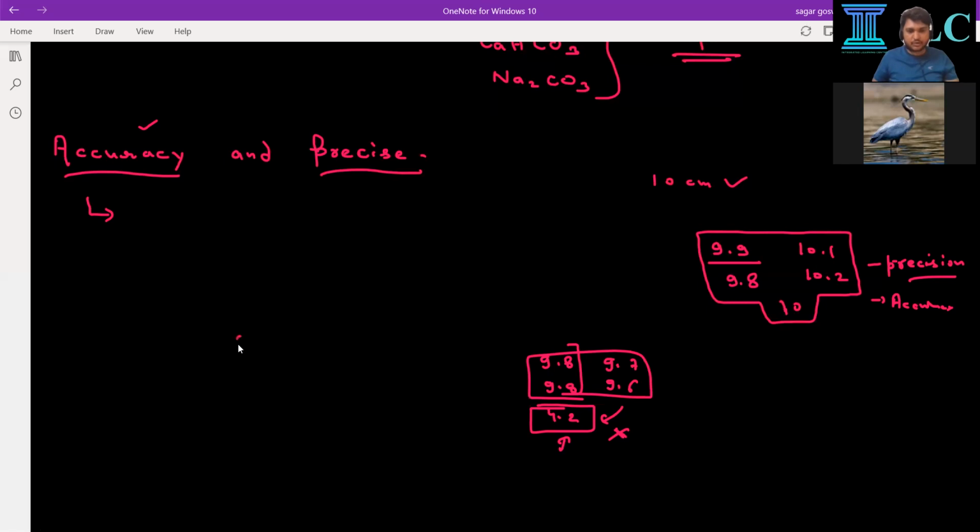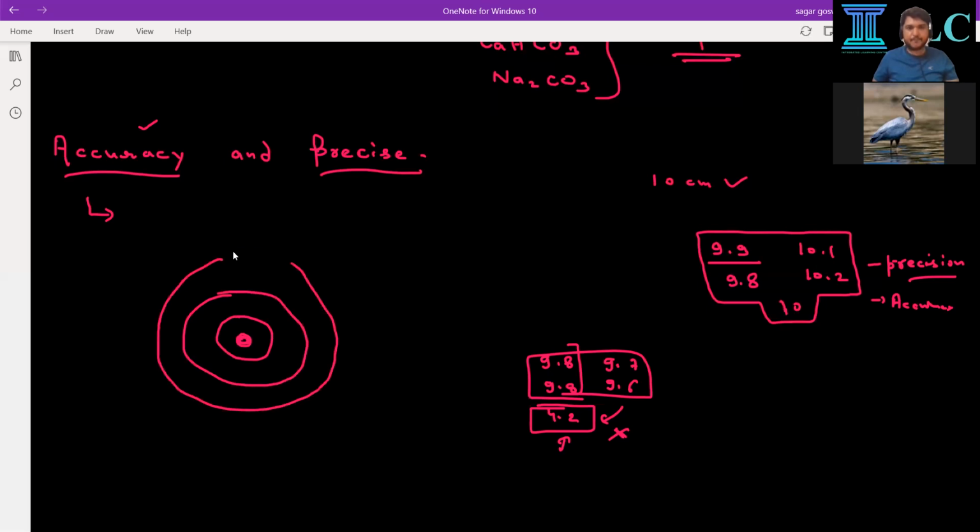Now, suppose there is a bow and arrow game. Suppose the middle one is the actual target, obviously we have to target the center. Your readings are coming here, here, here, here, and here.